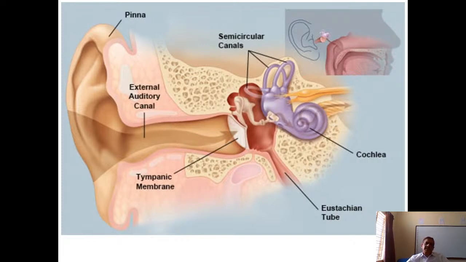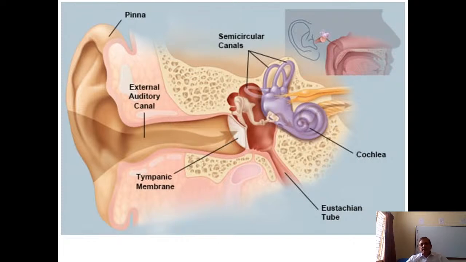And in this, the vibrations travel in the air, and the same vibrations are transmitted onto the tympanic membrane, which in turn transmits these vibrations to the three ossicles, malleus, incus, and stapes. Malleus, incus, and stapes, the three bones.